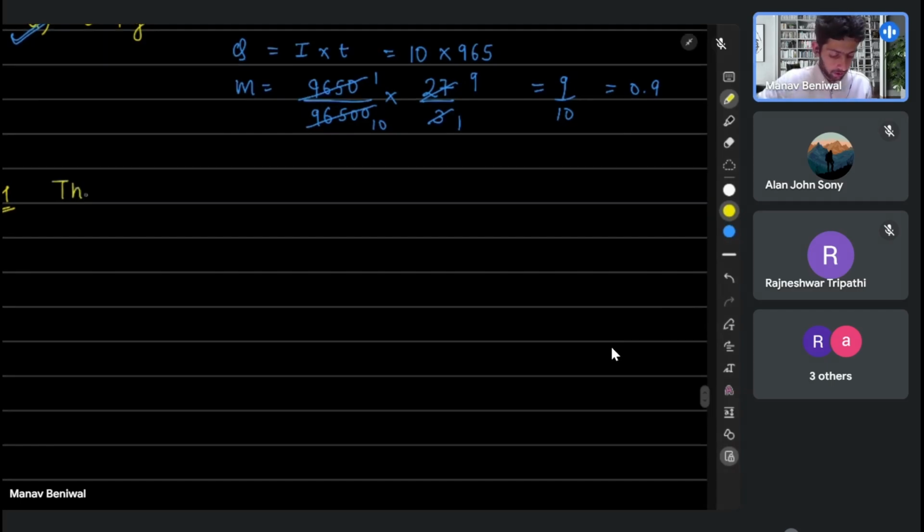So the mass of a substance, we don't know the substance, just a substance is given to us.